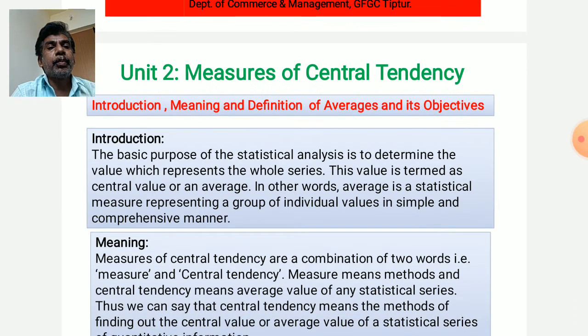So measures of central tendency, or an average, is a single value which depicts the entire set of frequency distribution, and it measures the central value or central tendency.